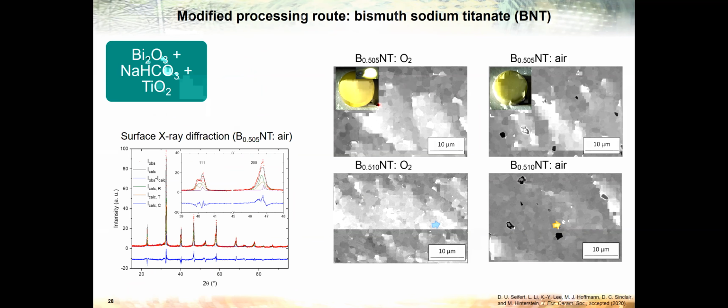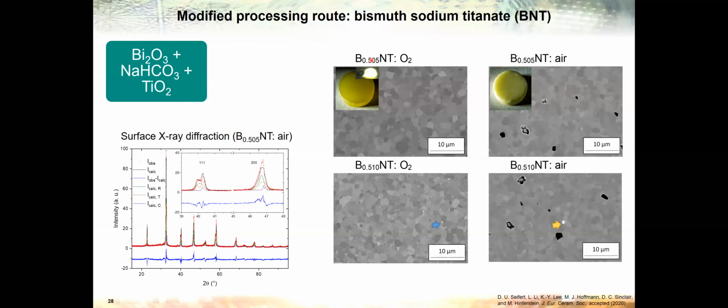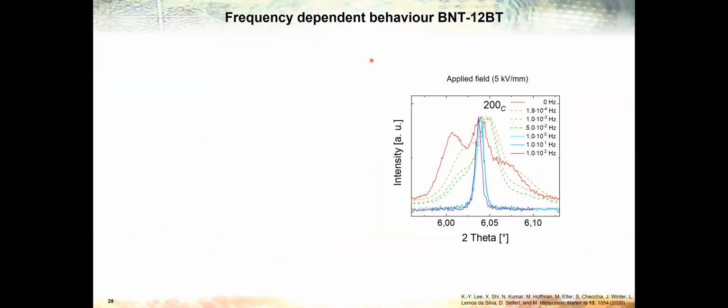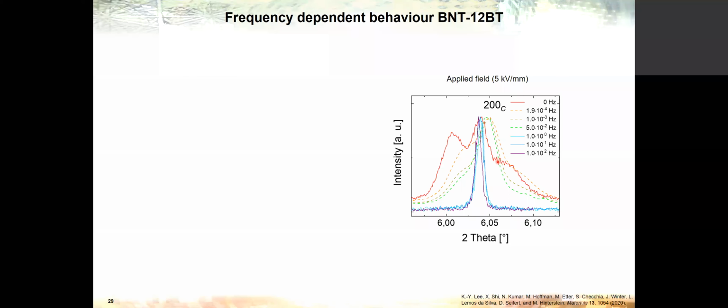We also changed the A-site stoichiometry. We adjusted it to the stoichiometry which gives you the highest insulating properties. With this, we synthesized BNT-12PT, so 12% barium titanate, and investigated it with synchrotron radiation at different frequencies.